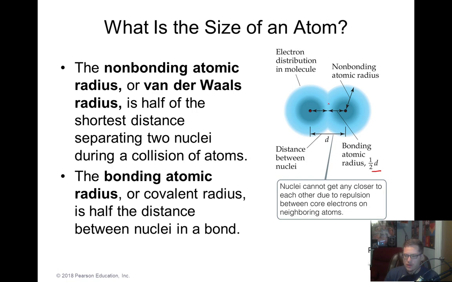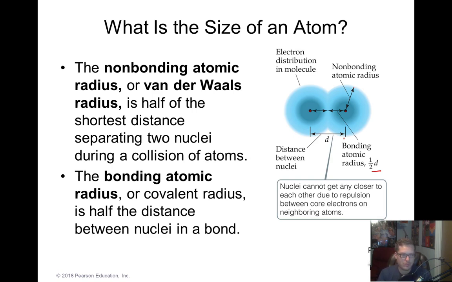That distance divided by 2 gives you your bonding atomic radius, and that's as close as those two can get. Your non-bonding atomic radius is the distance between the nucleus and the outermost shell, or the valence electrons.